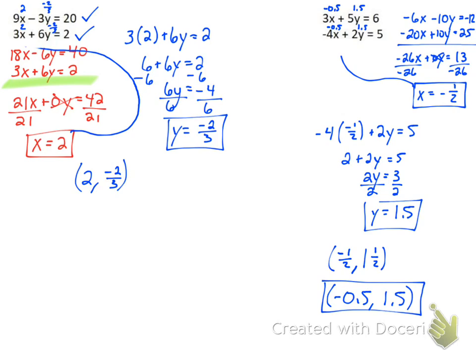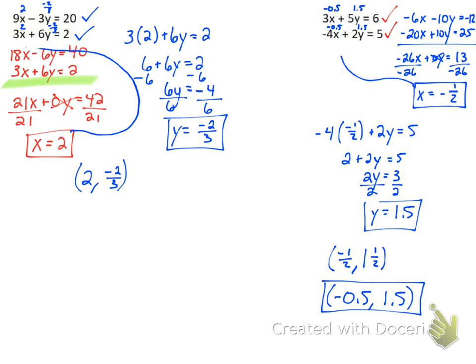Again, I can just type it into my calculator. 3 times negative 0.5 plus 5 times 1.5 equals 6, so I'm good. And the bottom one, negative 4 times negative 0.5 plus 2 times 1.5 is equal to 5. Check. So they both check out, so I know I did it right.